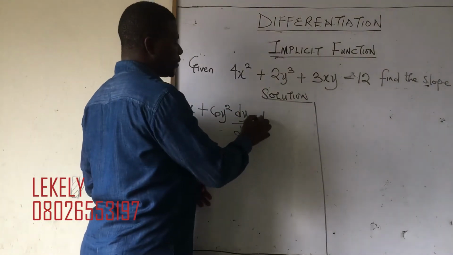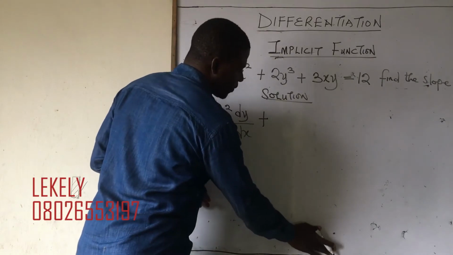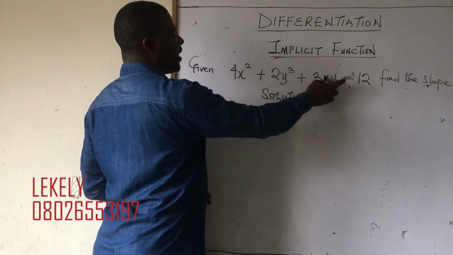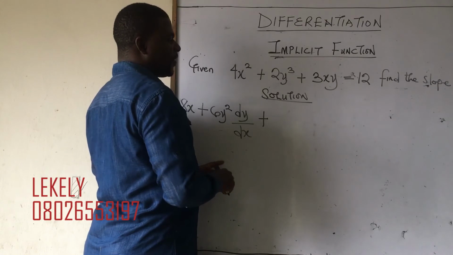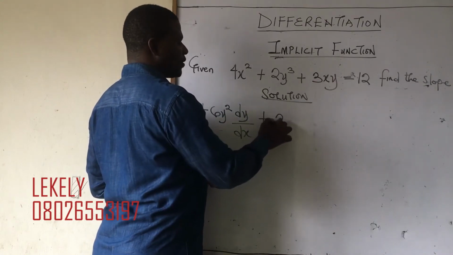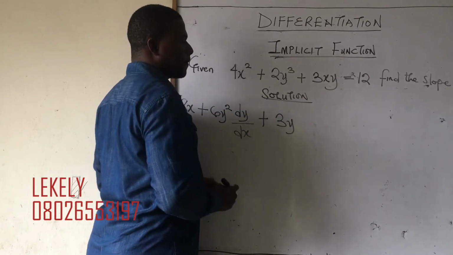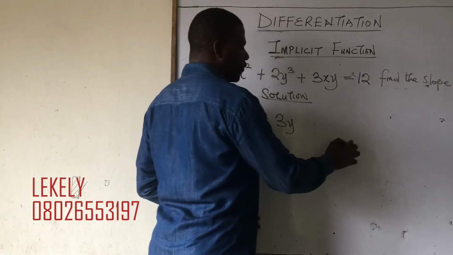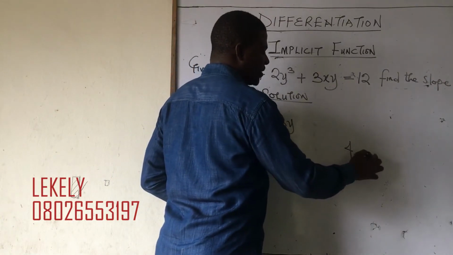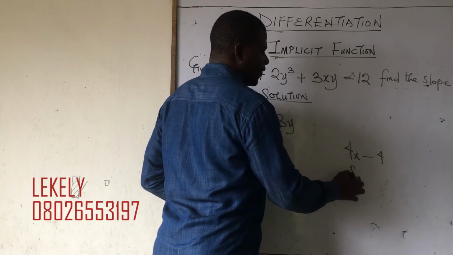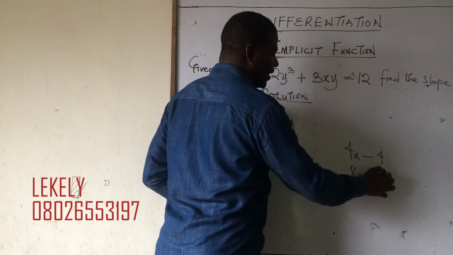Then look at this one, plus differentiate 3xy. When you differentiate 3xy with respect to x, your answer will be 3y. Why? If you differentiate 4x, your answer is 4. If you differentiate 8x, your answer is 8.